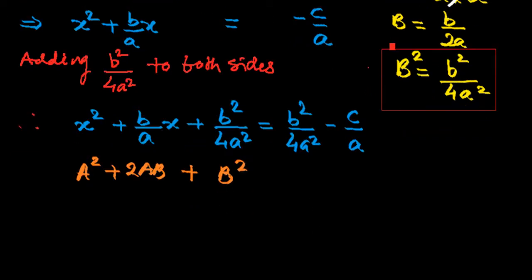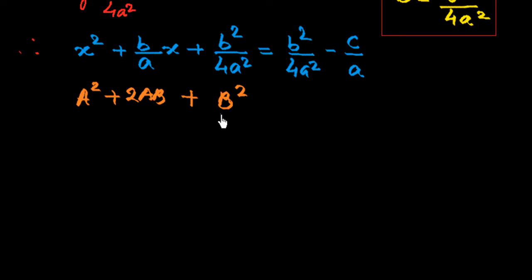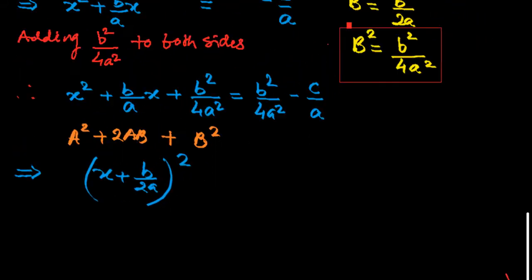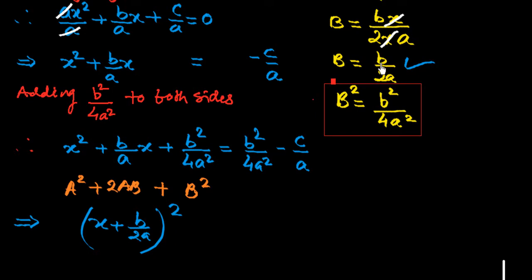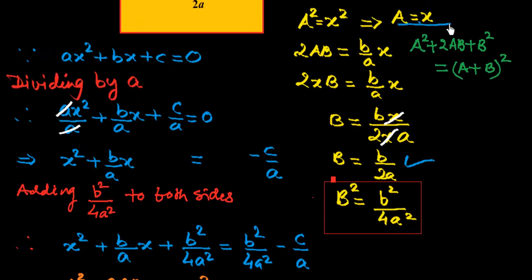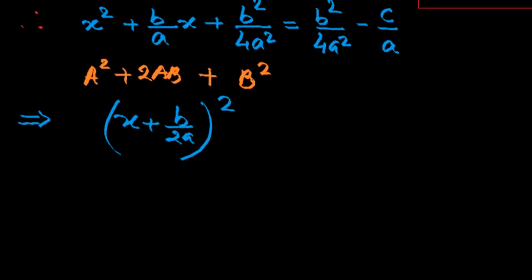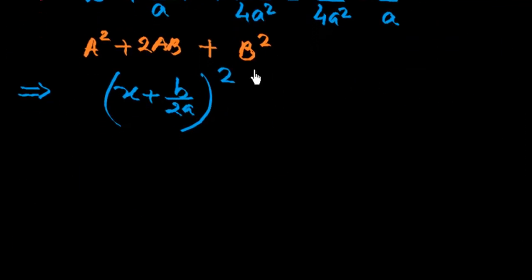So it is a plus b whole square. We put the value here: x plus b over 2a whole square, because b is equal to b over 2a and a is equal to x.